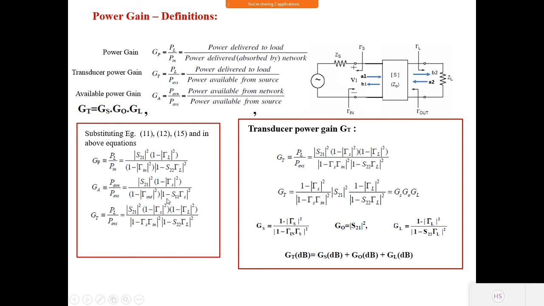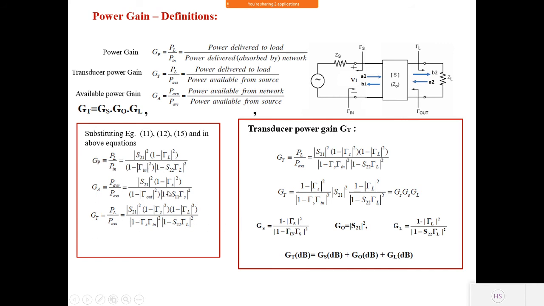All of you must do this yourselves. Substitute the values of PL and PIN from these equations, and you will see GP is given by this equation. Similarly, GA is given by this, and GT is given by this equation. These are the definitions, and these are the equations for GP, GA and GT.